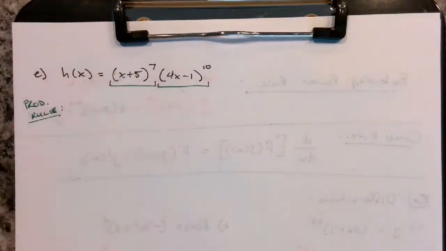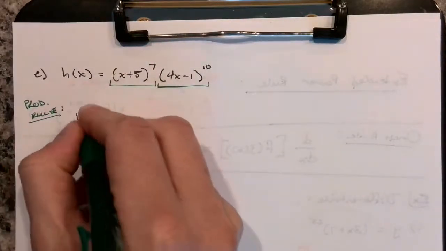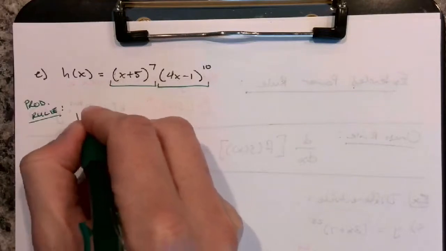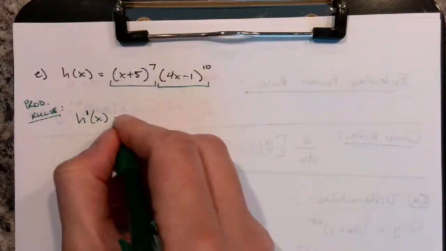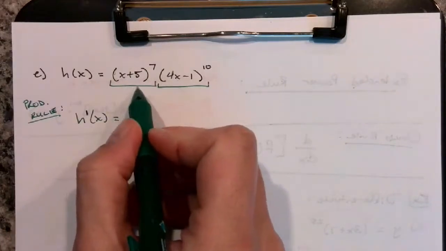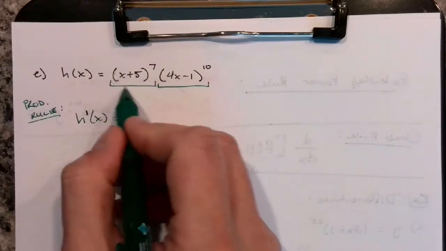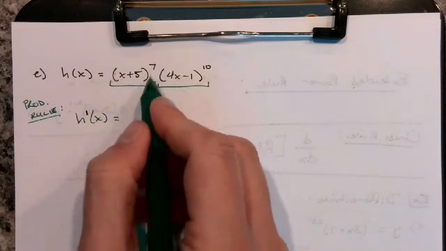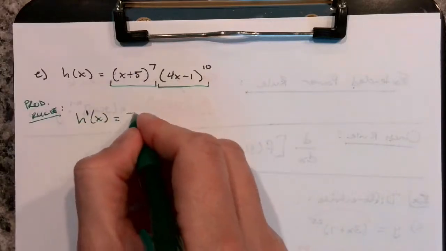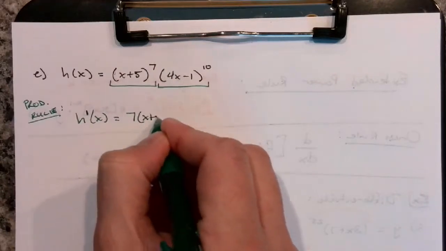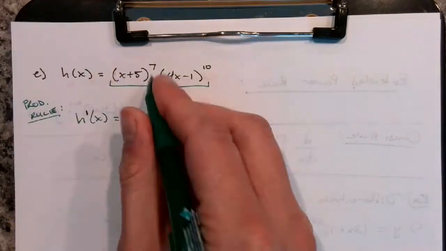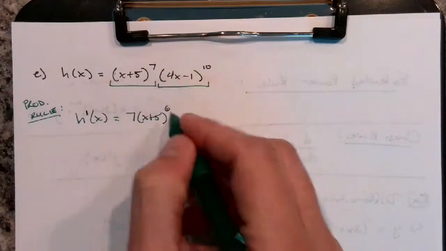So we'll use the product rule. So h prime of x, remember how product rule works. You take the derivative of the first function. Now within that, I'm going to use the chain rule. So the derivative of the first, the x plus 5 to the 7th power: we take the derivative of the outside, so you bring 7 down in front, times you leave the inside alone, so it's x plus 5 to the power of 6 now, reducing it by 1.